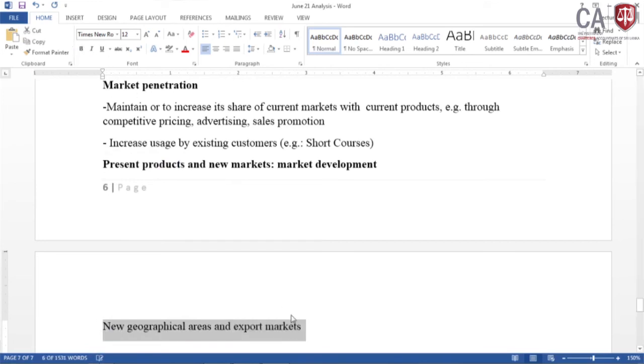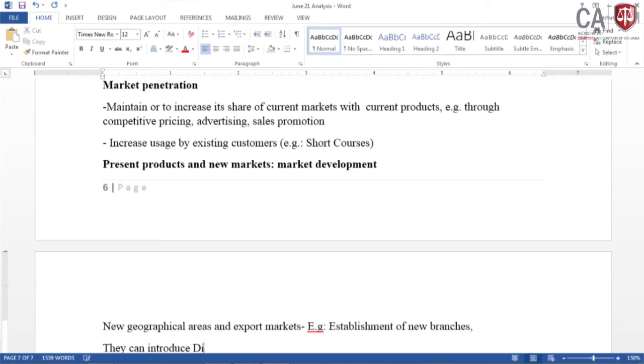So this can be done in many ways actually. For example, they can establish a few new branches. Anything else? Now they can introduce digital products, and through that they can eliminate the geographical barriers.